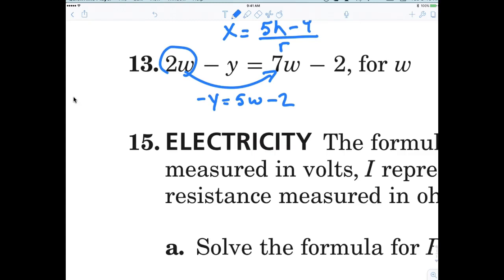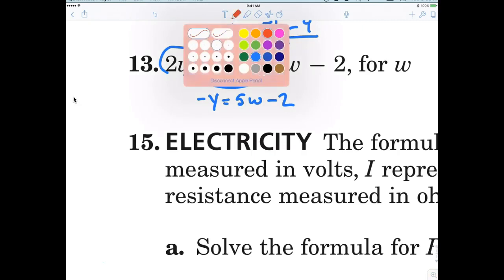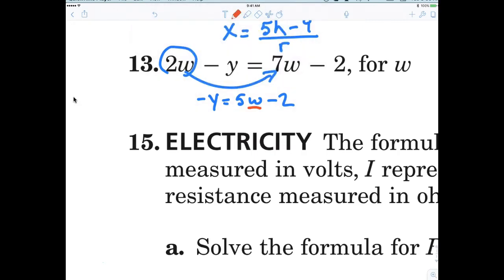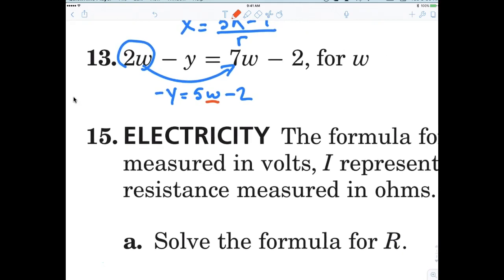Okay. Now, Maggie, I'm solving for what? W, right? So if I'm solving for w, then what do I have to do next? Then you have to move the 2 over. When I moved the 2 over, it became positive.